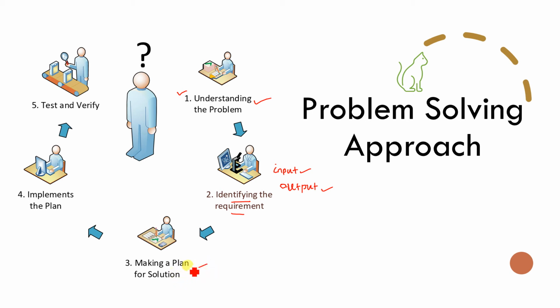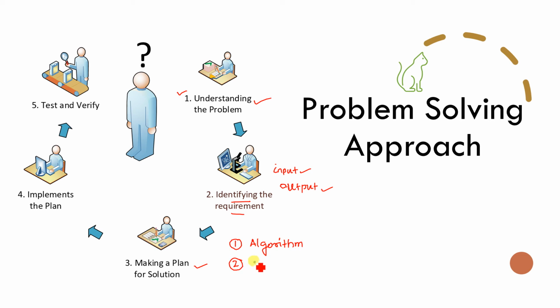How do you make a plan? There are 2 steps involved in making a plan. The first step is to write an algorithm. What is an algorithm? We are going to discuss that in the next lecture, and this is the preliminary lecture before discussing the algorithm concept.